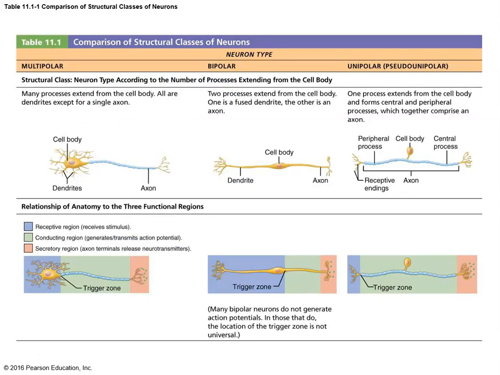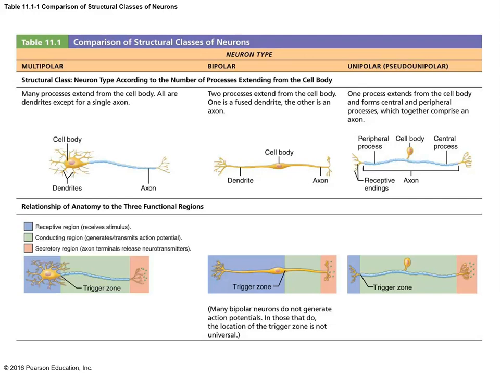If we look at different types of neurons based on their structure, we can find multipolar neurons, which have dendrites attached to a cell body, which then has an axon coming out the other end. Bipolar neurons have a single dendrite, which may have multiple receptor antennae, attached to a cell body, which then projects an axon out the other end.